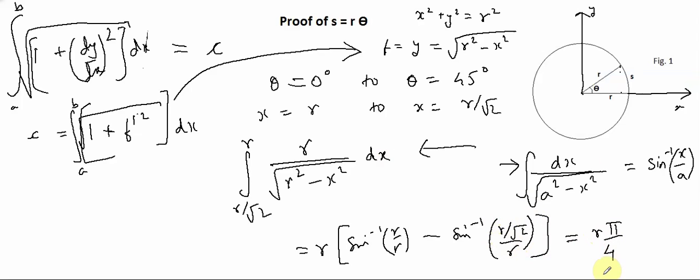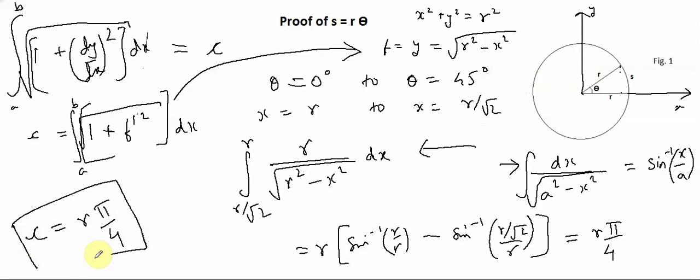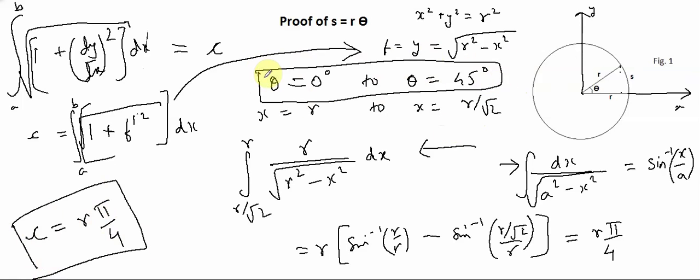So the arc length from theta equal to 0 to theta equal to 45 degrees is r pi by 4. So this is for this set of limits.